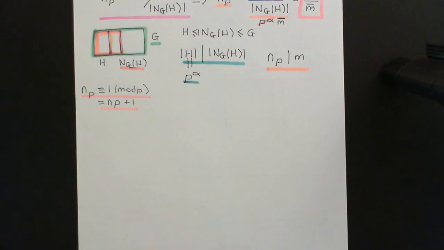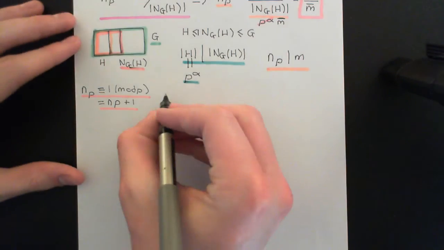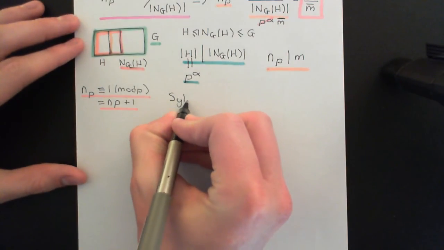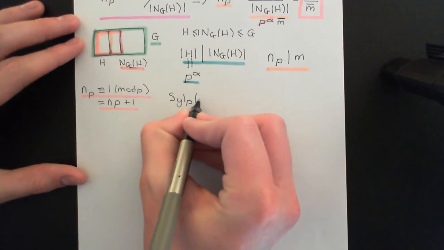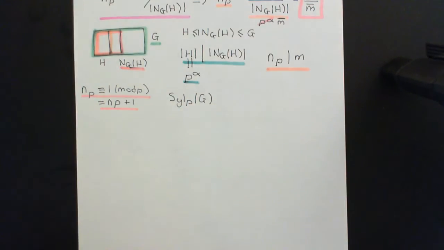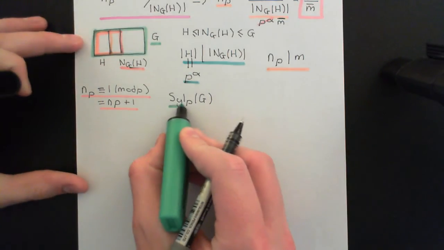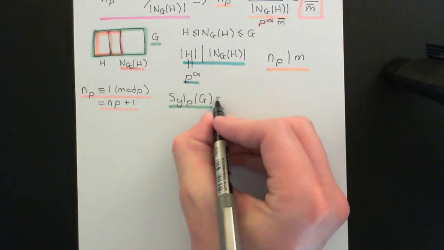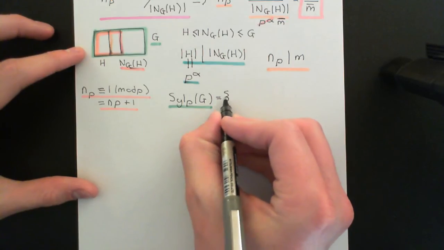To do this, we're going to need to change our notation a little bit. We are now going to actually name the elements of this set of Sylow p-subgroups of the group capital G. So I'll explicitly write this out for the first time.